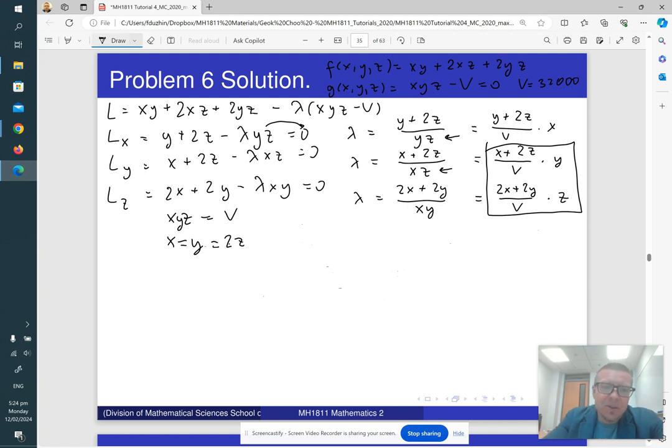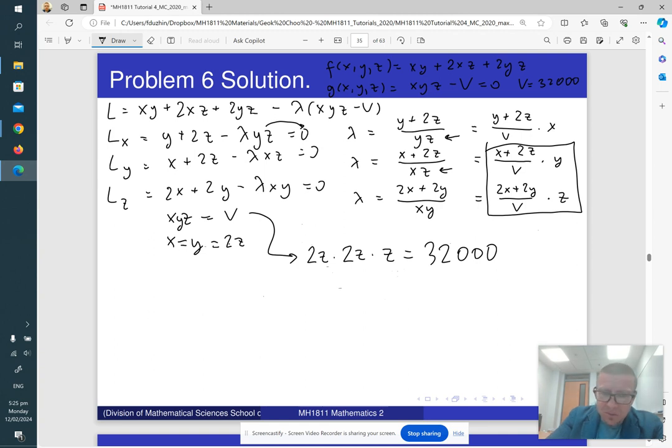And now I'm going to just substitute 2z instead of x and instead of y into this equation. So x is 2z times y is also 2z times z equals v, and now I will probably substitute the actual value, 32,000.